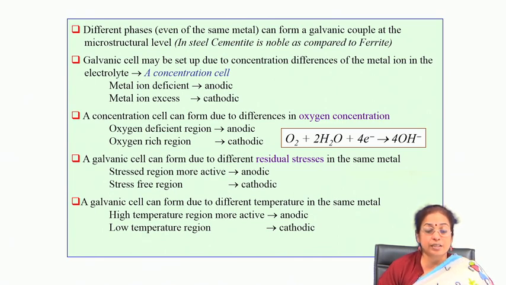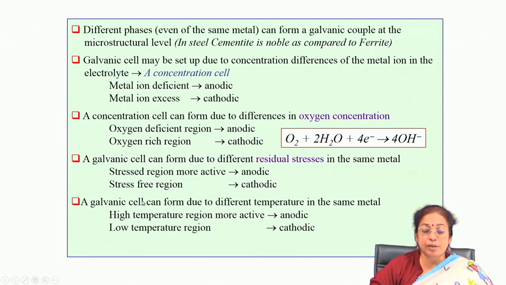So, initiation starts because of the galvanic corrosion and then it proceeds to a large extent because of the autocatalytic reaction. Then a galvanic cell may form because of difference in residual stress. As I mentioned, the stressed region acts as anode as compared to the stress-free region.